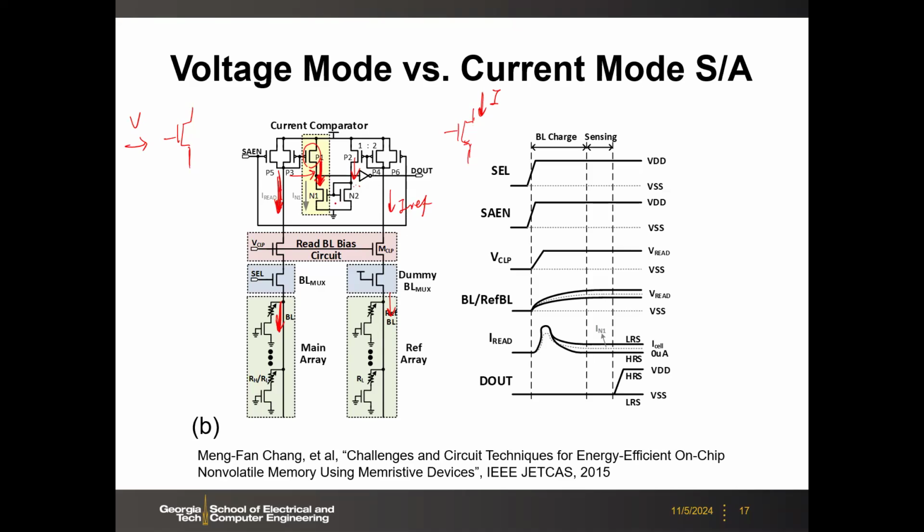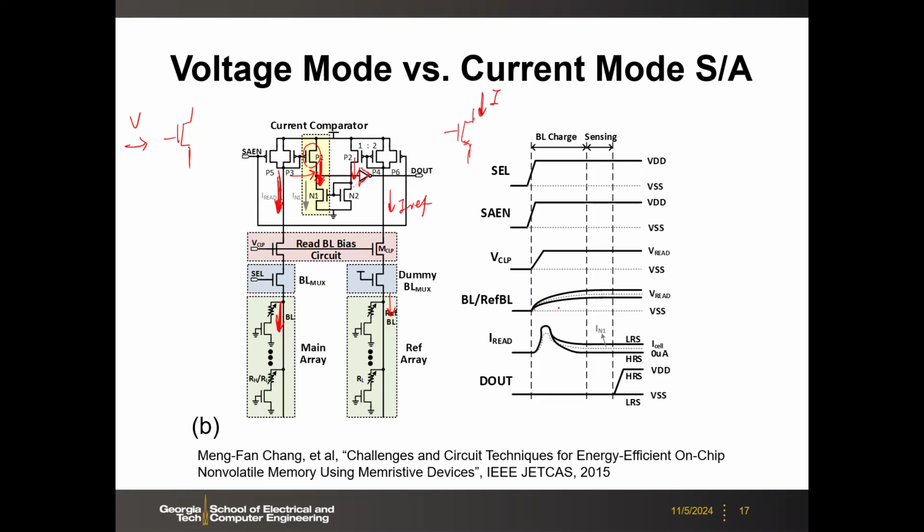And then depending on this current, this will be charged up at different rates, and those two node voltages will differ. Therefore, that will trigger this inverter to switch. If you look at the timing diagram here, in the first phase, you are going to charge up this bitline from 0.